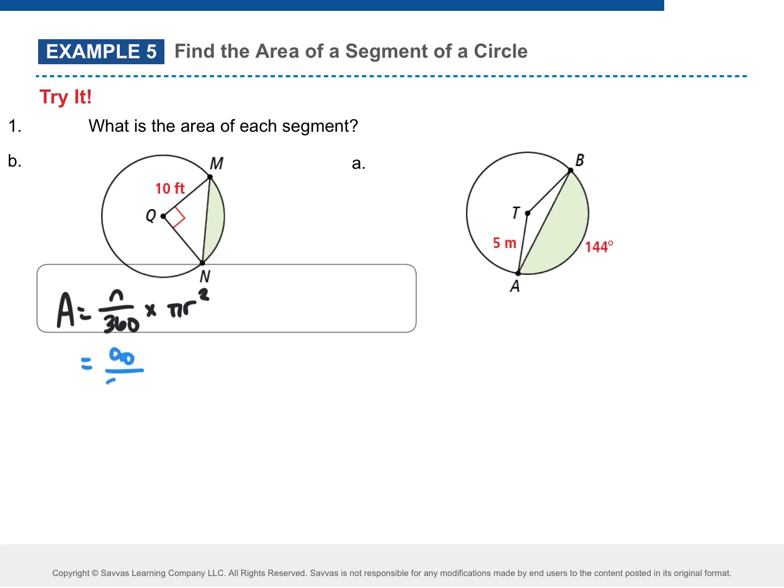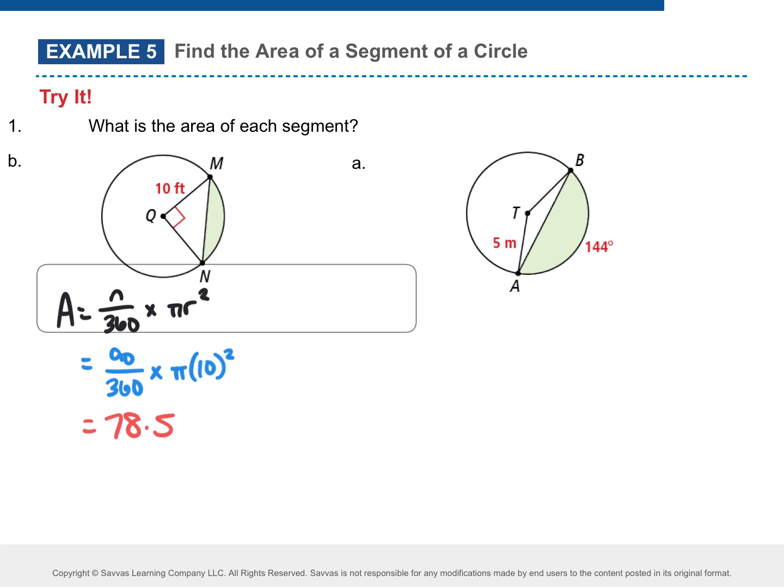So 90 over 360 times pi, the radius is 10 squared. If we type that in, 78.5. So that gives us the area of this whole section of the circle.